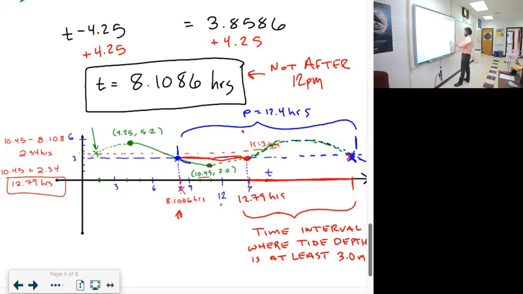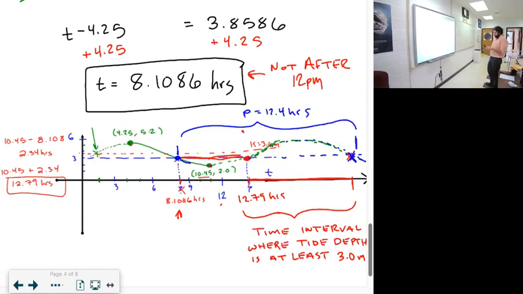And I'm looking for this interval of time. I know these two segments here. I can find that total interval of time from 8.10 hours to 12.79 hours using a subtraction problem.